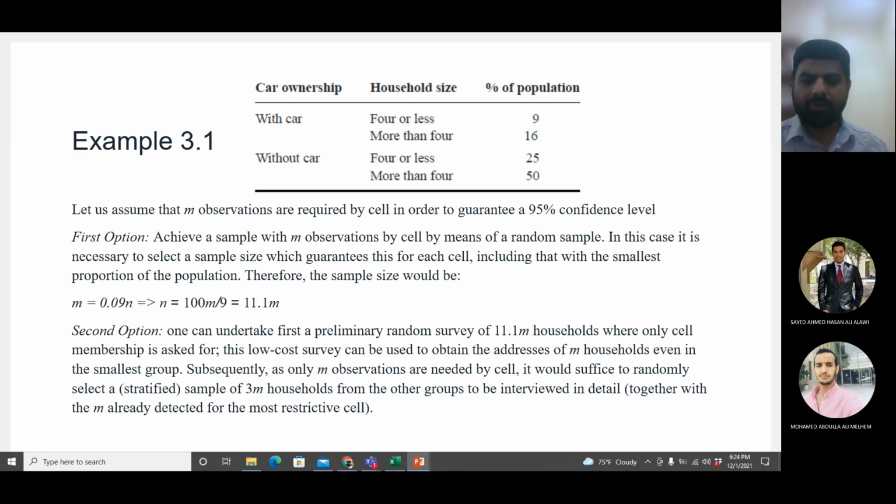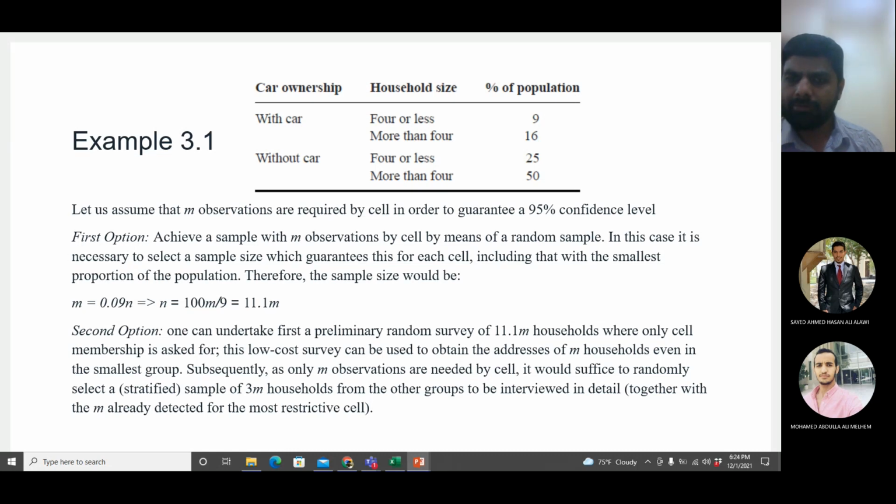So how many samples should I collect randomly to make sure that from each category I have m values? In each category I should have m values. Now if all the categories in the last column had equal proportion, so all of them were 25%, 25%, 25%, 25%, no problem.